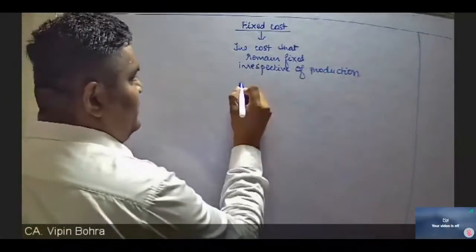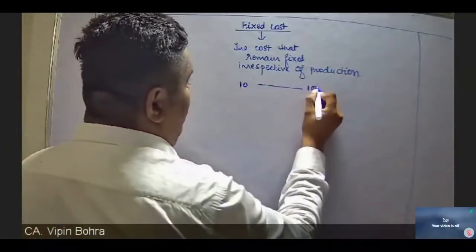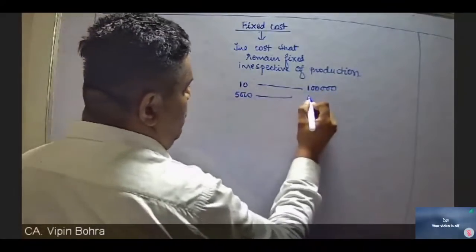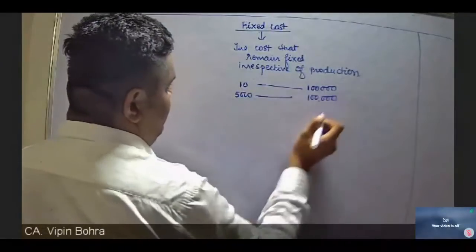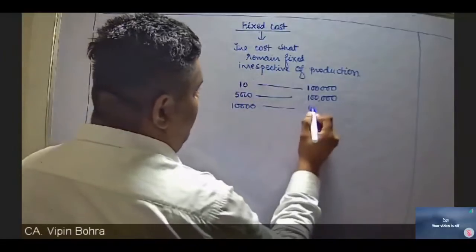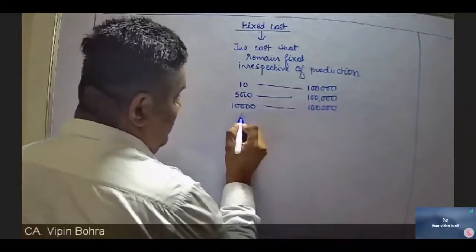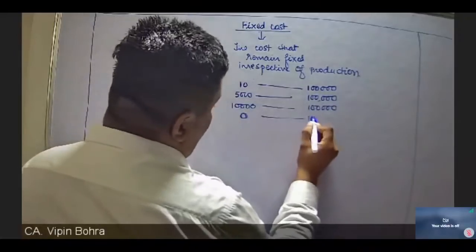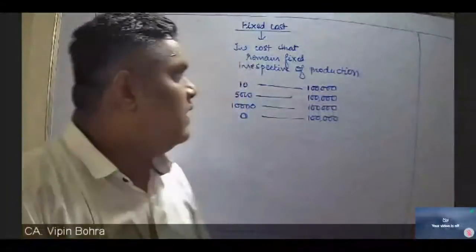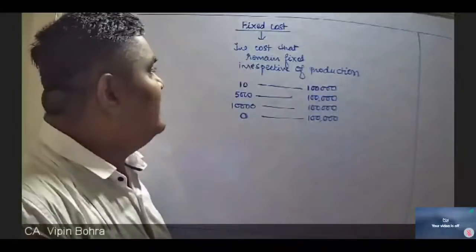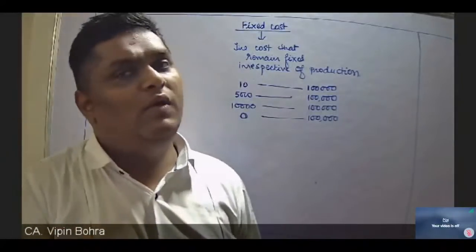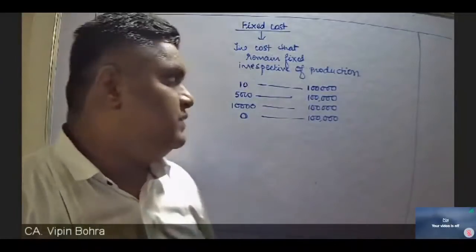Suppose that I am producing 10 units and the cost is say 1 lakh. If I am producing 5,000 units also, the cost will remain same 1 lakh. If I am producing 10,000 units also, the cost will remain same 1 lakh. If I'm not producing anything also, again the cost will remain 1 lakh. So, what is fixed cost? The cost that remain fixed irrespective of production. Whatever the number of units you produce, this cost will always remain fixed irrespective of the number of units produced.